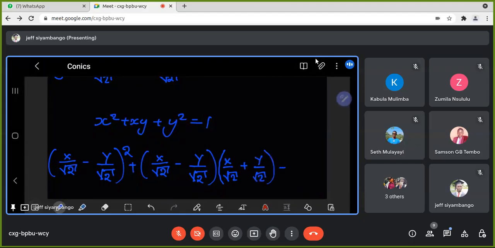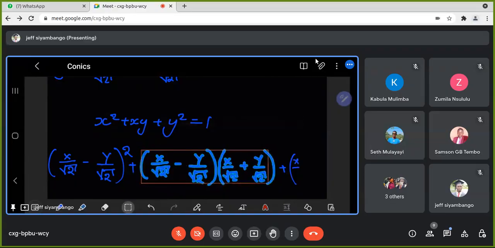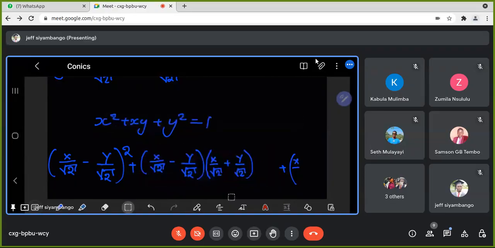And then plus y squared. So our y squared is x over root 2 plus y over root 2, also squared. Then this is equal to, not 0, equal to 1. So don't forget the square there.